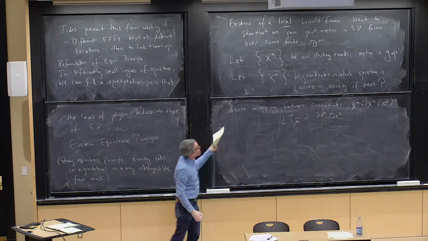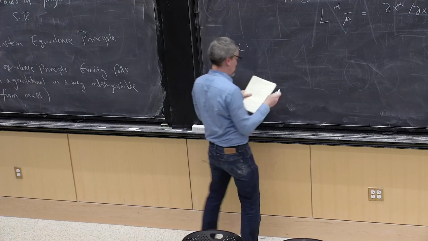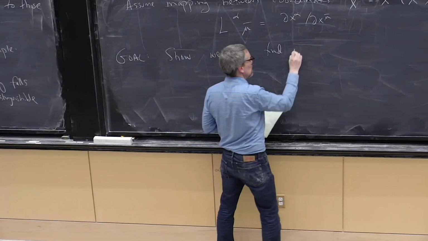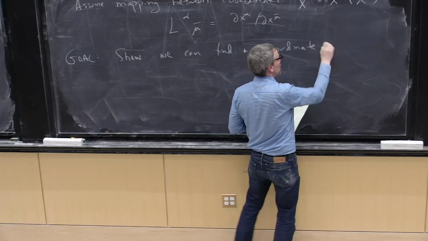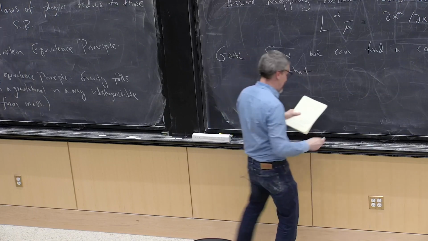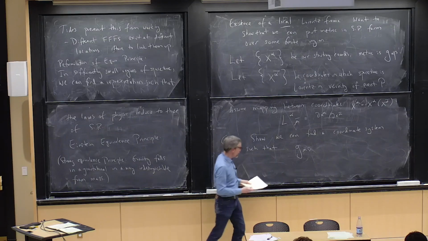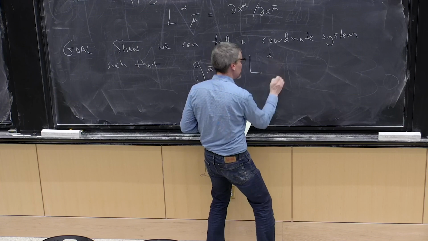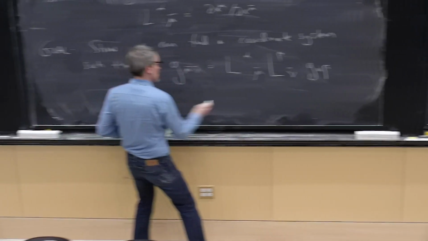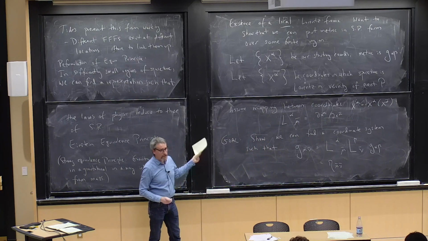Okay? So mathematically, the way I'm going to show this is I want to show that we can find a coordinate system such that if I compute the spacetime metric in the barred representation, and that's as always going to be given by doing this coordinate transformation, that I get the metric of flat spacetime over as large a region as possible.